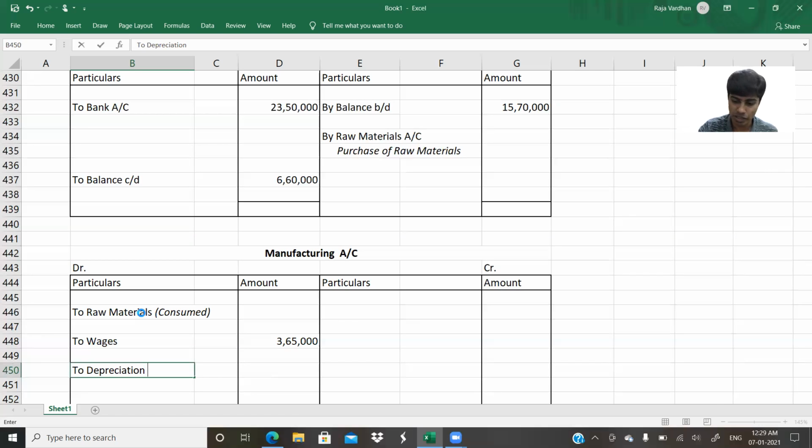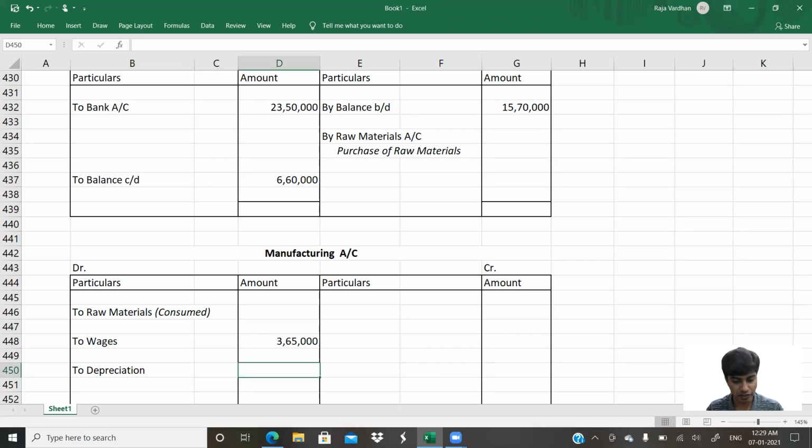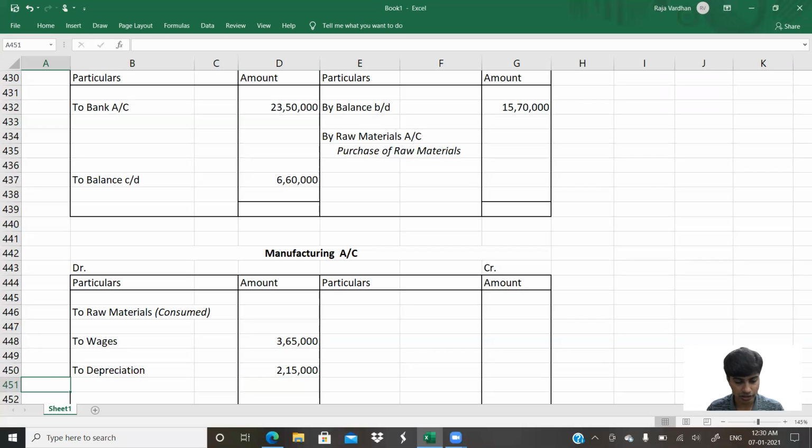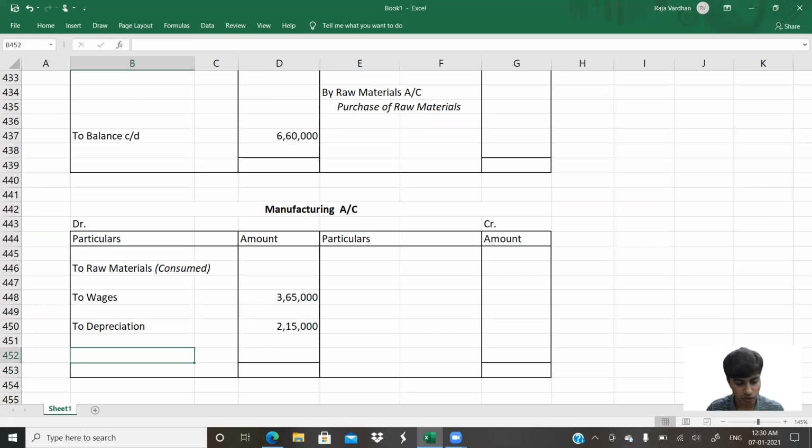So depreciation. How much depreciation have they told? 2,15,000. Right now I'll put 2,15,000. Is this final? Let us see. If there are no adjustments, this is final. Direct expense 2,49,000. I have put what they've told.